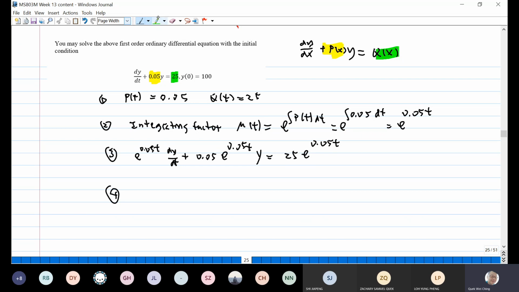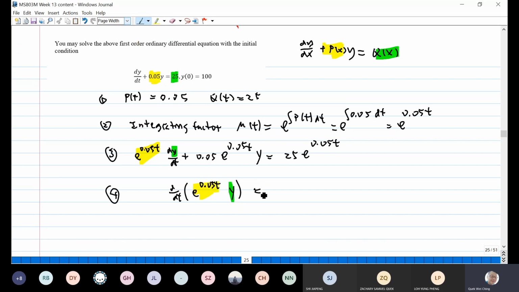Now you combine them. Take this e^0.05t times y, and differentiate.